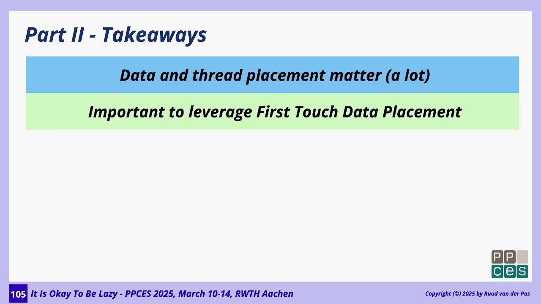It only happens when you start using that data. So you initialize it, that's when the page allocation takes place, that's when the layout is determined. So by thinking about that in a local way, you already avoid a lot of the NUMA problems. And that's another reason why I say use private data as much as you can, because that's automatically owned by the thread and should be in its local memory.